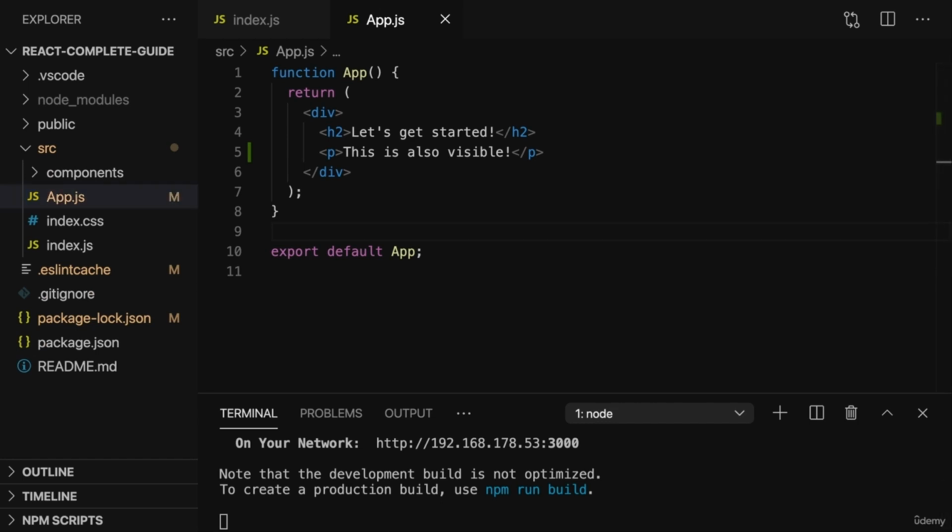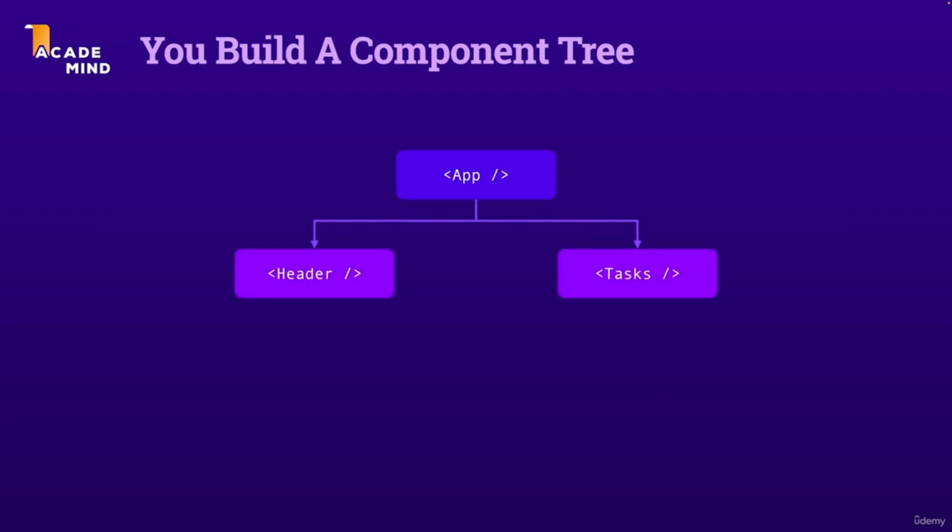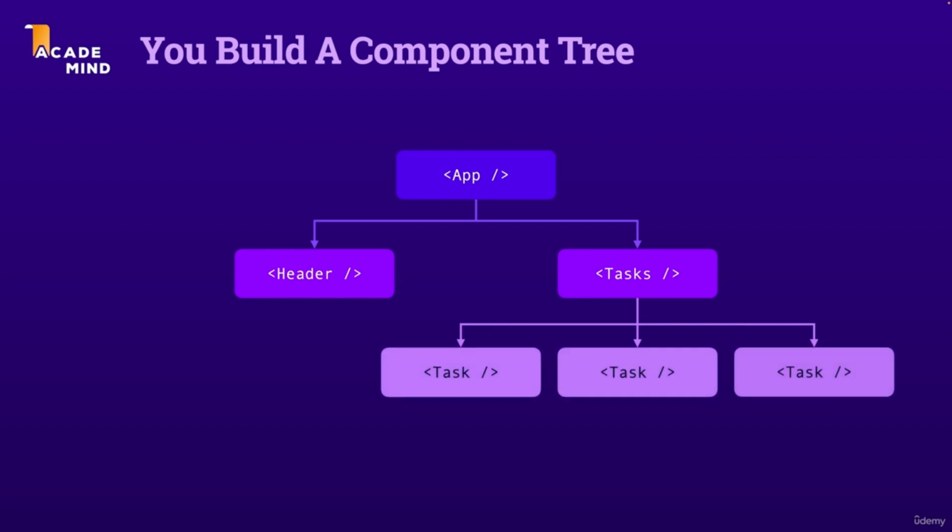Because ultimately with React, we build a component tree, you could say. You have this main app component at the top, and then below that you could have any other kinds of custom HTML elements, so other kinds of components, which in the end hold other pieces of the user interface.